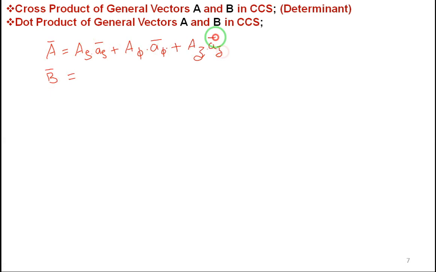Then the cross product of general vectors a and b in cylindrical coordinate system. In rectangular we have seen. Next, how to write the general vector a in cylindrical coordinate system, and how to write the vector b, any vector, it can be a, b, c or anything. So how to write it? General vector a is a rho into a rho vector, plus a phi into a phi vector, plus az into az vector.